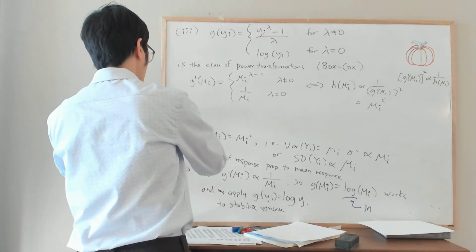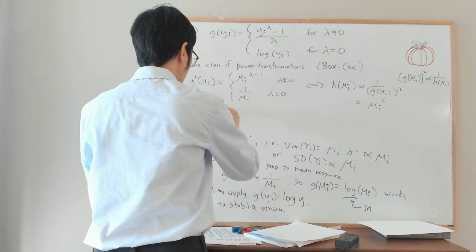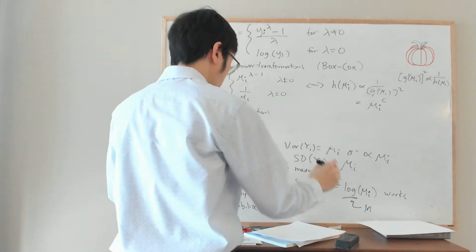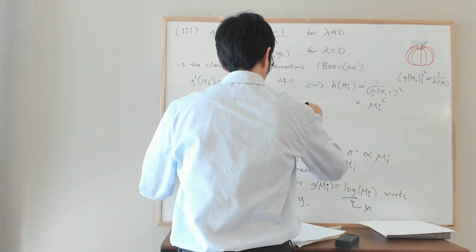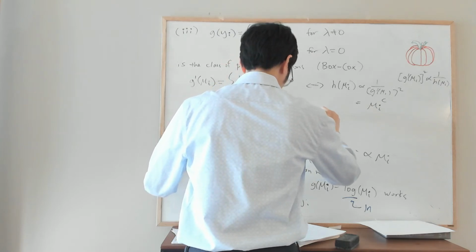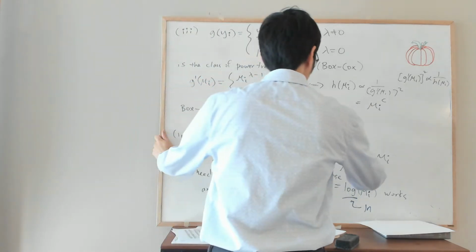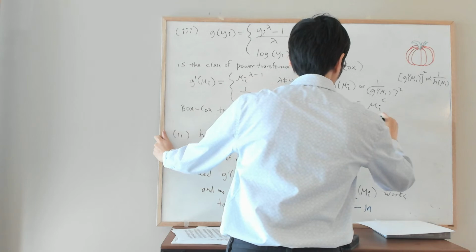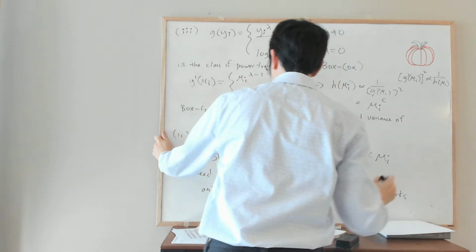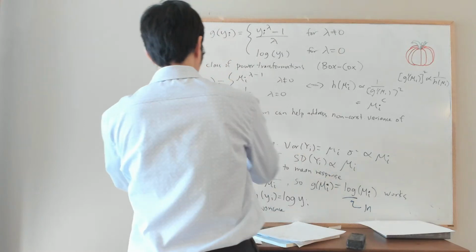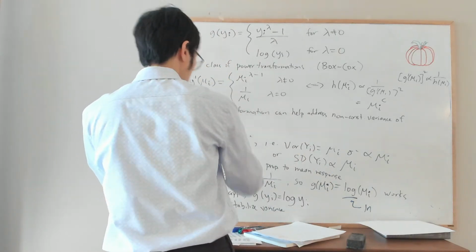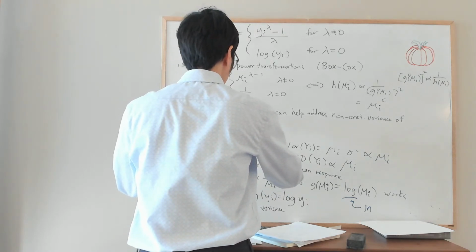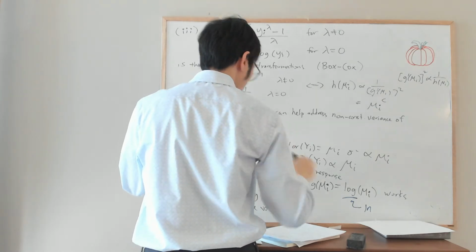The Box-Cox transformation can help address non-constant variance of the form mu i to some power times sigma squared.